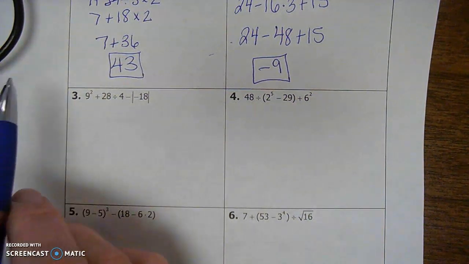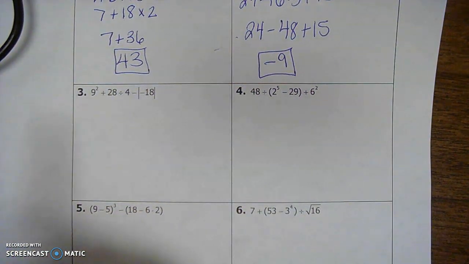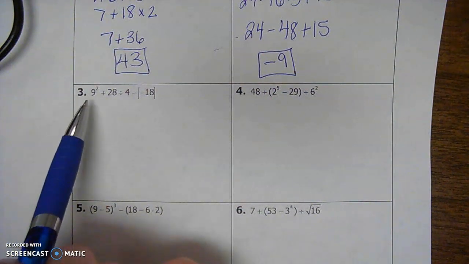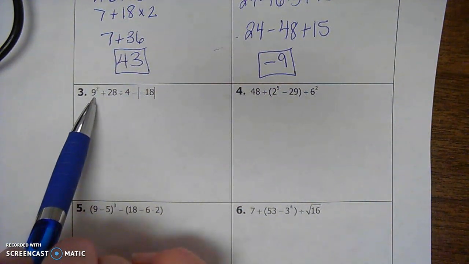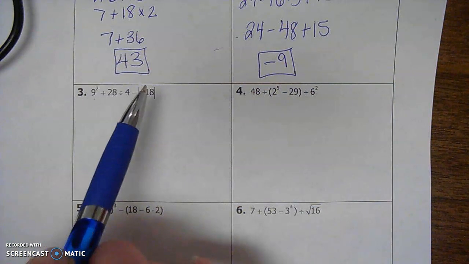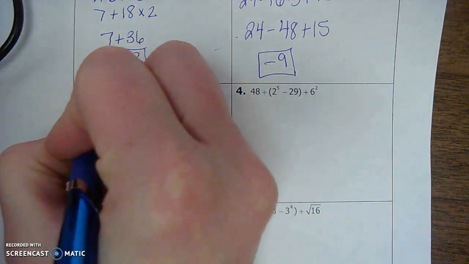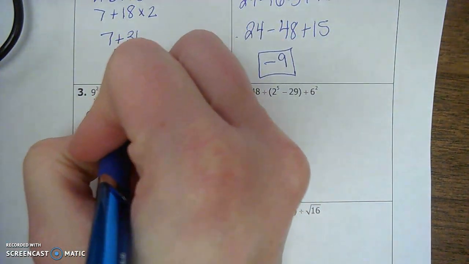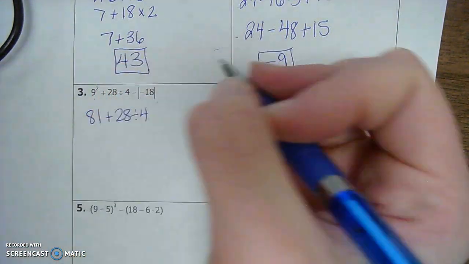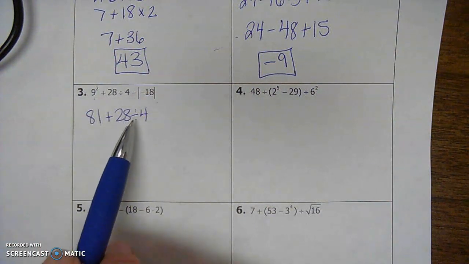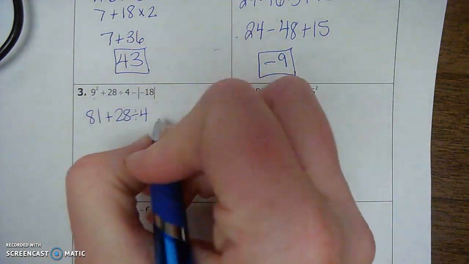Number 3, I'm actually going to do a couple things at once to save us a little bit of time. Since this is off on its own, we can go ahead and take care of the exponents and the absolute value at the same time. So we can do 9 squared is 81 plus 28 divided by 4. If you felt really comfortable, you could actually do that division as well.